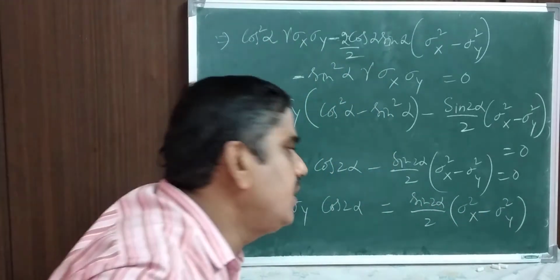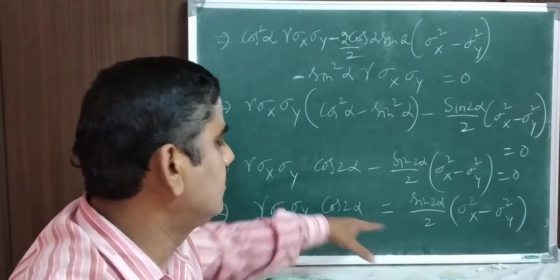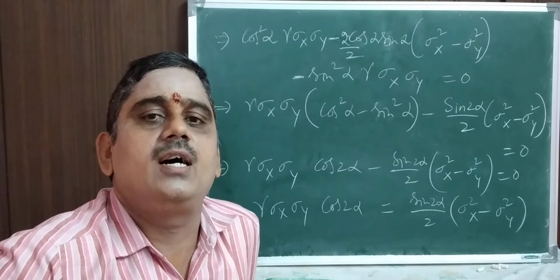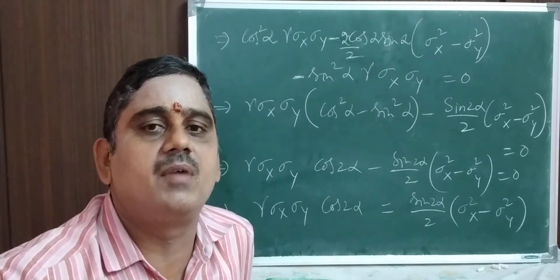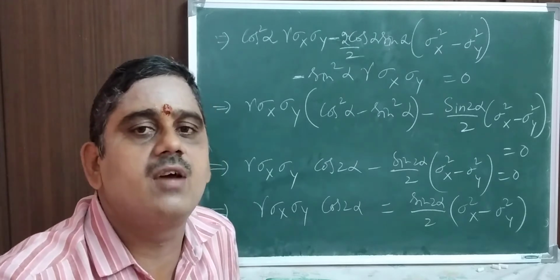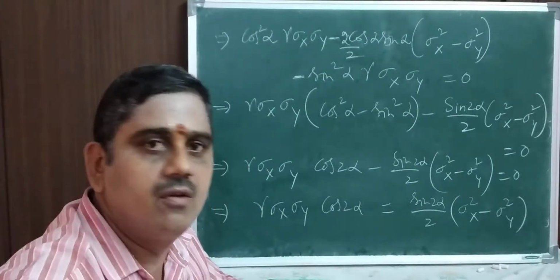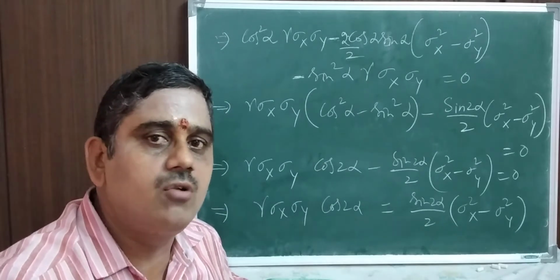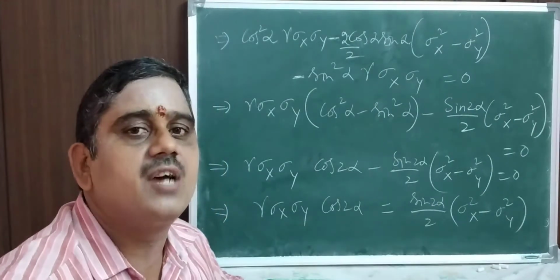So now you see, this is the result. We can stop here, but it is required to prove tan 2 alpha is equal to some particular value, if u and v are uncorrelated. We have considered u and v are uncorrelated and we got this particular value. If we want to calculate tan 2 alpha, it is nothing but the formula of sin by cos.